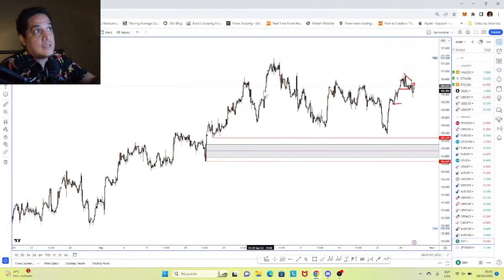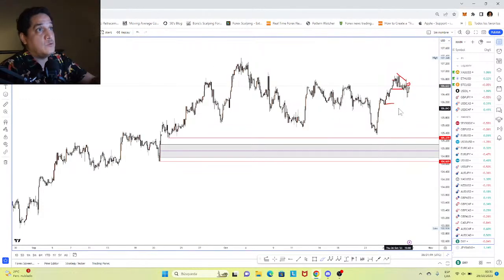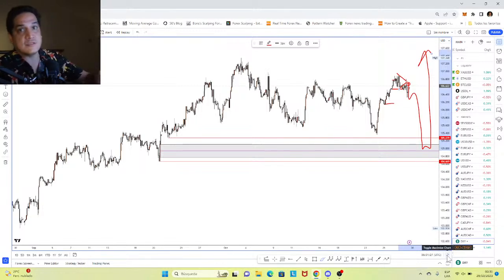But if you look at what price is doing at the moment, failing to break with the highs, creating this choppy movement, the highest probability move will be a liquidation of these weak players before the actual move to the upside.